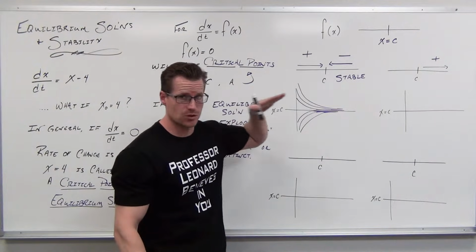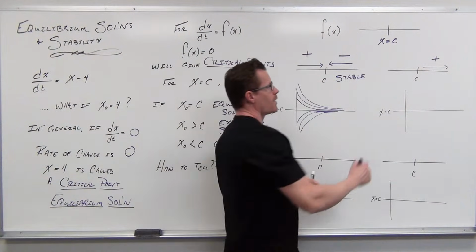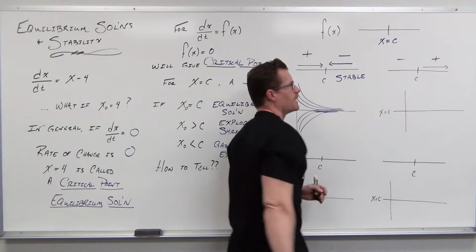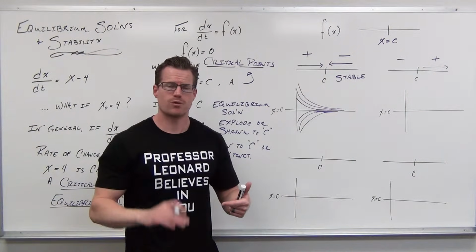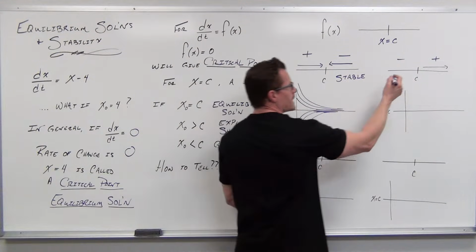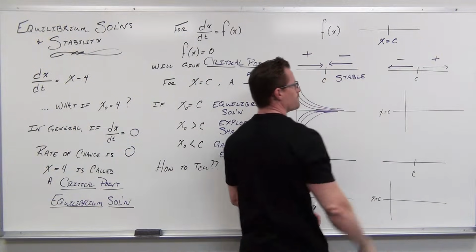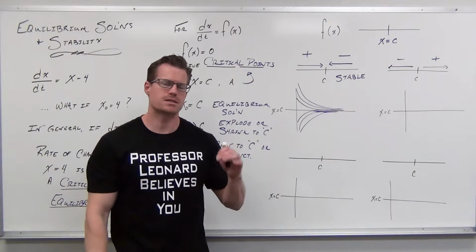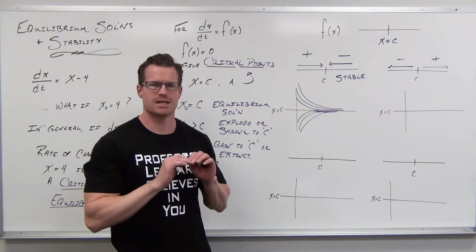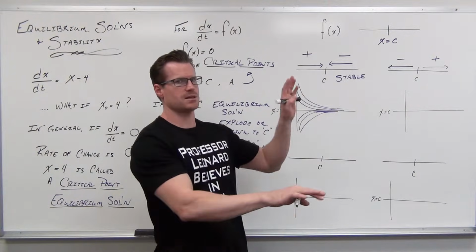Remember, you're above it and you're increasing. Or what if we plugged in a number less than our critical point into our first derivative and we got a negative? Well, that would be decreasing. That's away from that critical point. That situation right there is called unstable. An unstable critical point is where your function tends to go away from that number. It's like it's fleeing the scene.